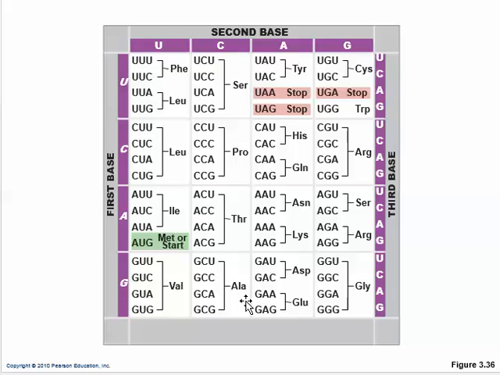So the anticodon really is the same as the DNA triplet that originally coded, except there's U's instead of T's. That's really the difference. So the codon is complementary to the triplet. It's also complementary to the anticodon.